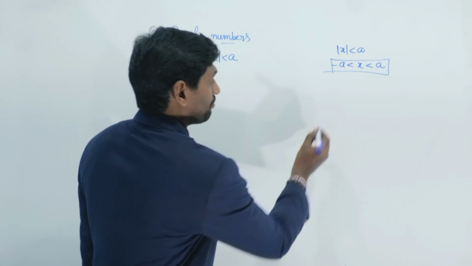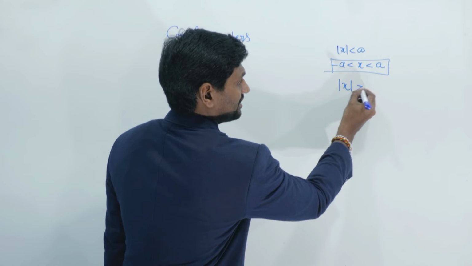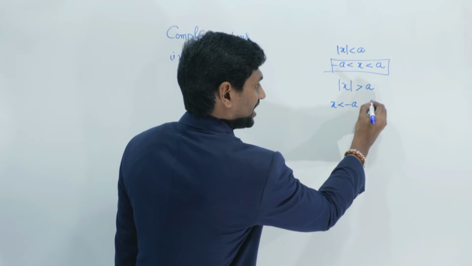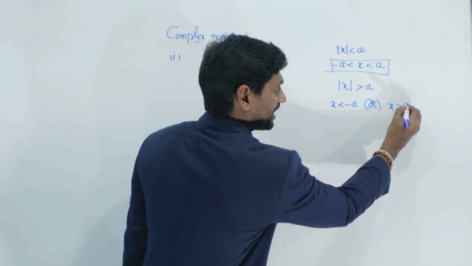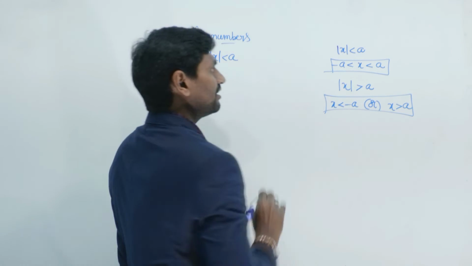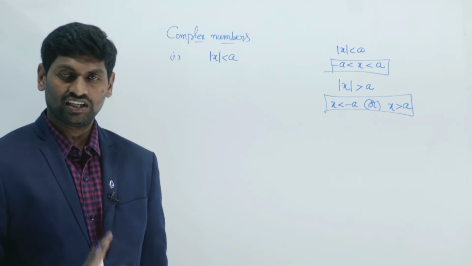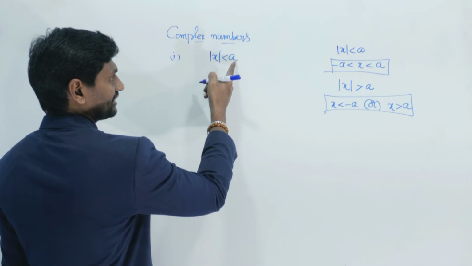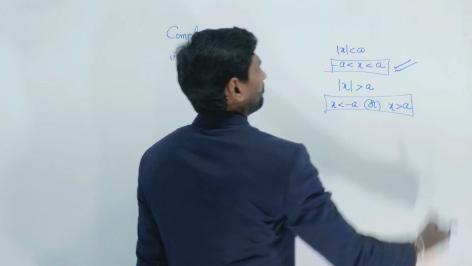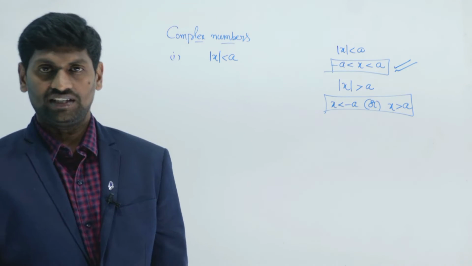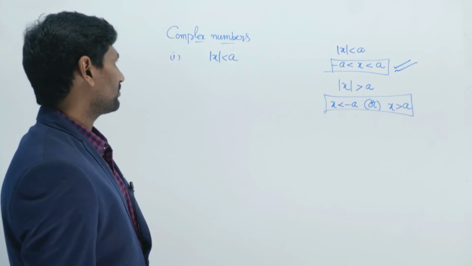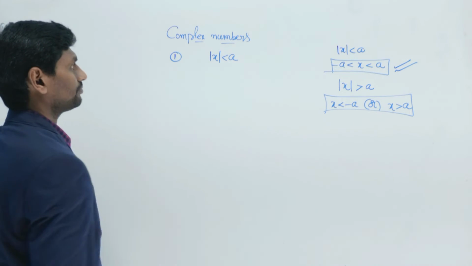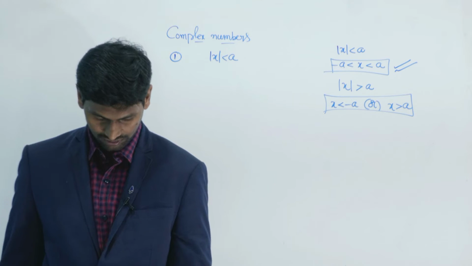If the modulus of x is greater than a, then x is less than minus a or x is greater than a. For the proof also we have discussed. Clear? What is the question here? Modulus of x less than a. So the answer will be minus a less than x less than a. That is the first answer.